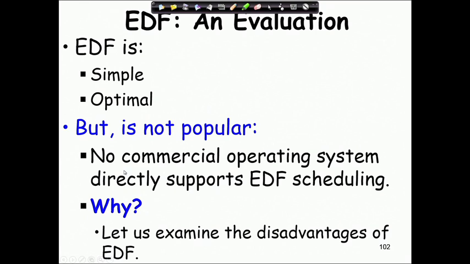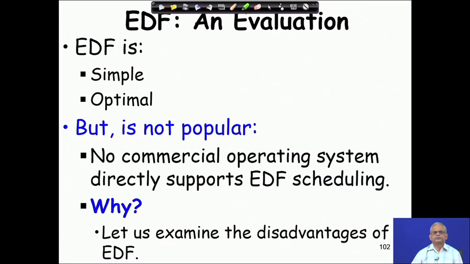In fact, as we shall look at the commercial operating systems, none of the commercial operating systems directly supports EDF. We cannot select an EDF scheduler. If at all, we have to ourselves implement an EDF scheduler using the support available in the operating system. But why?